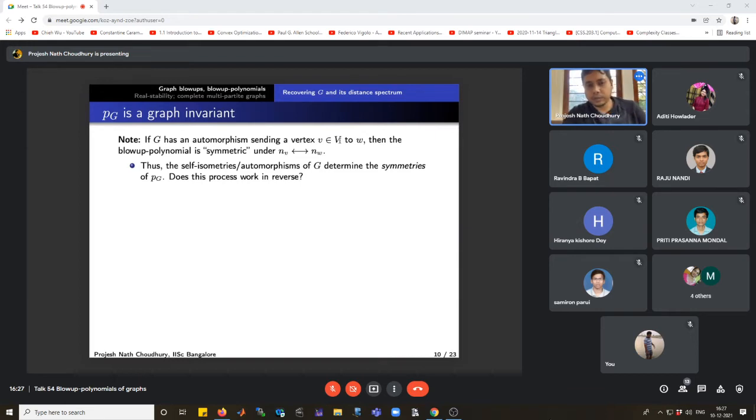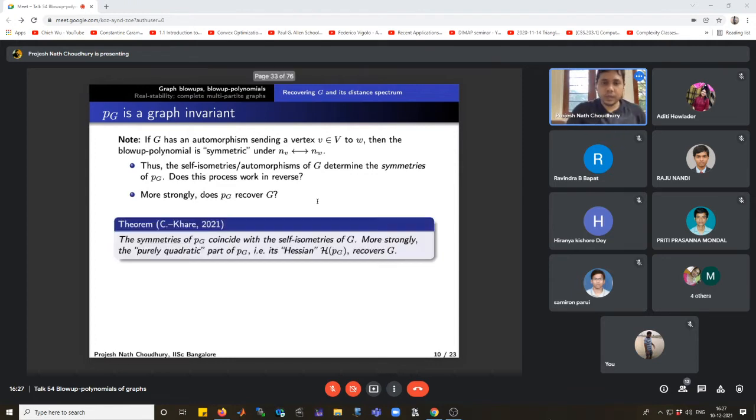This is the weaker question, and of course the stronger question is, can this Blowup polynomial detect the graph G, from which I could understand the automorphism of G? Our next result answers both of these questions.